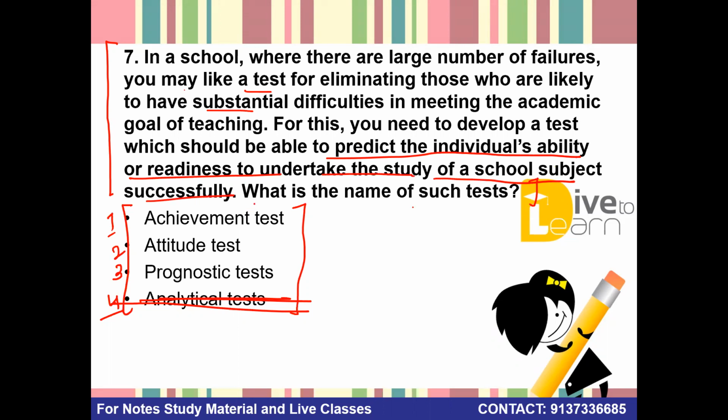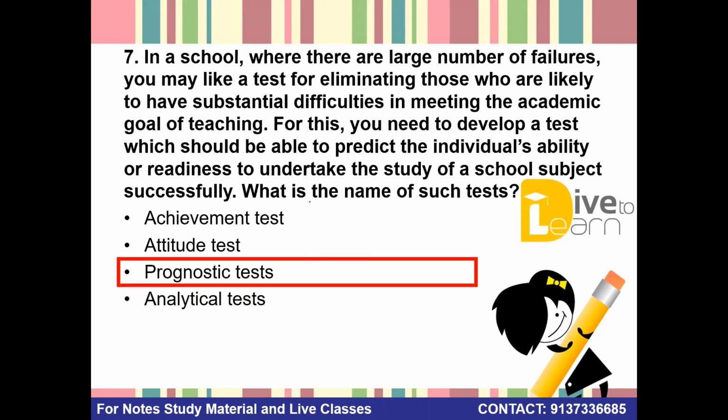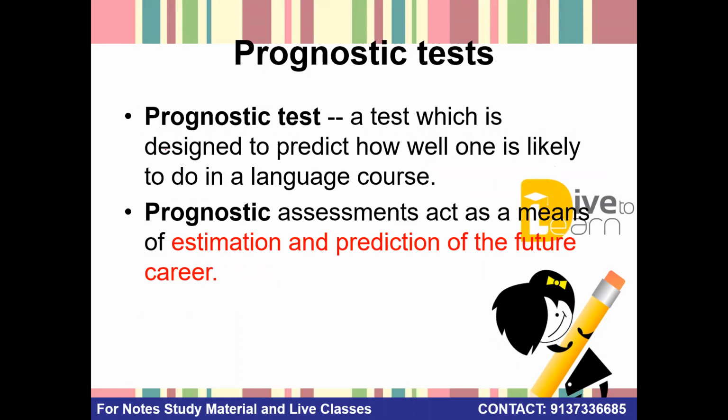So, prognostic test is to do with aptitude test. It should be aptitude. Yes, it is aptitude. No, I'm just reading it. Somebody asked, what is the name of such test? See, prognostic test is the correct answer.